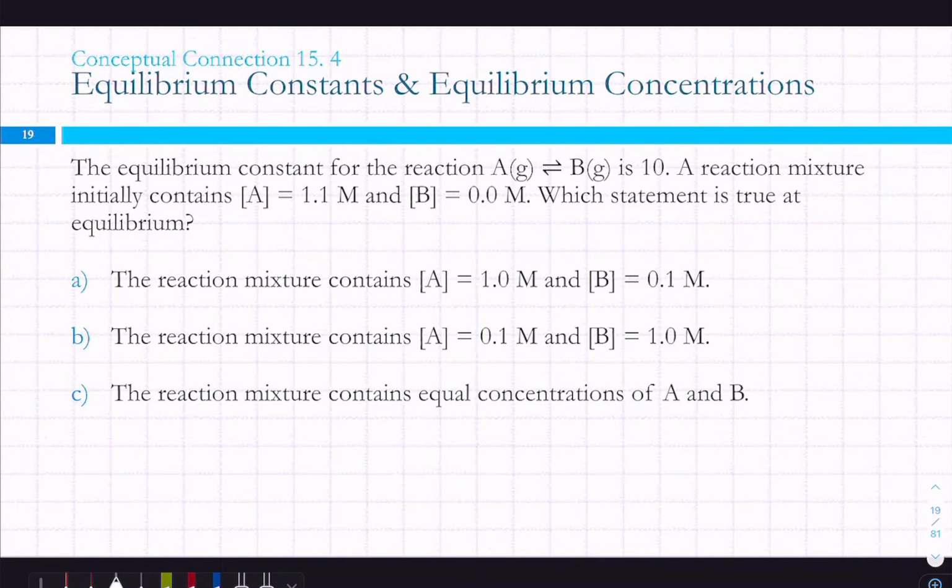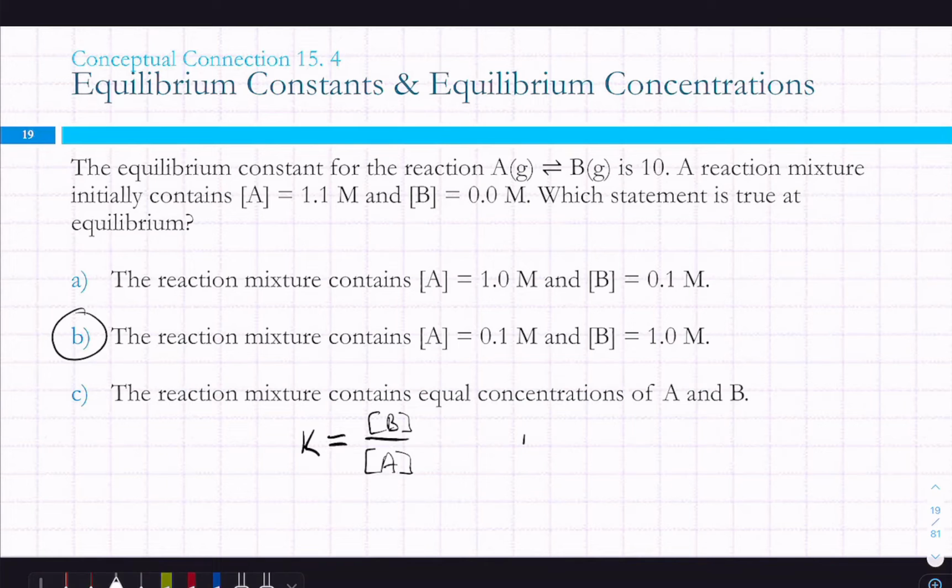So we could write this out as the equilibrium expression. It's going to equal the concentration of B over the concentration of A. Yeah, it'll be B.